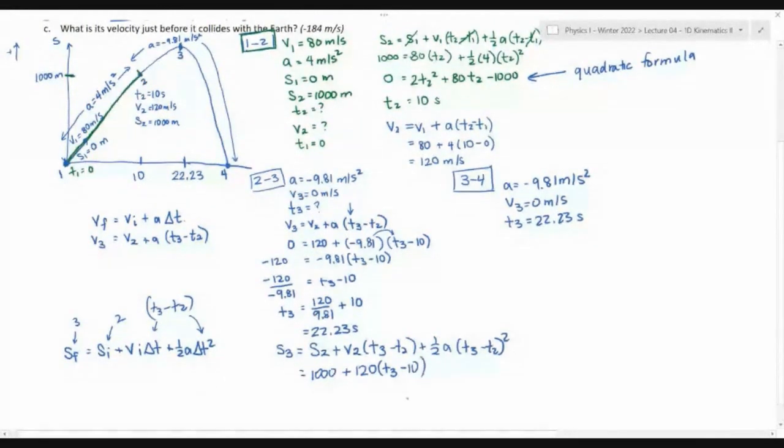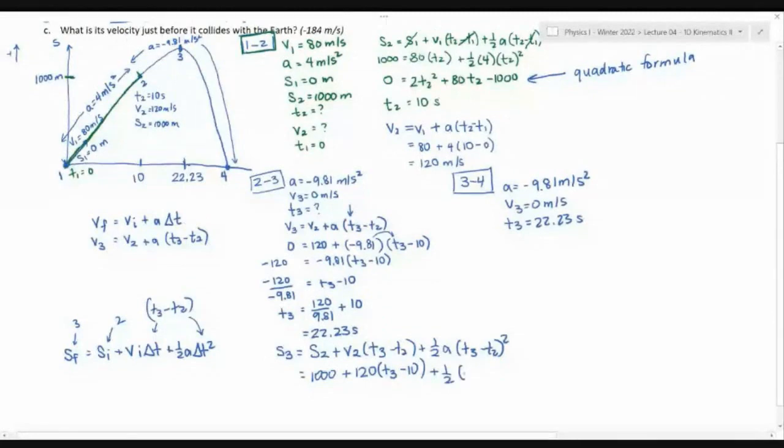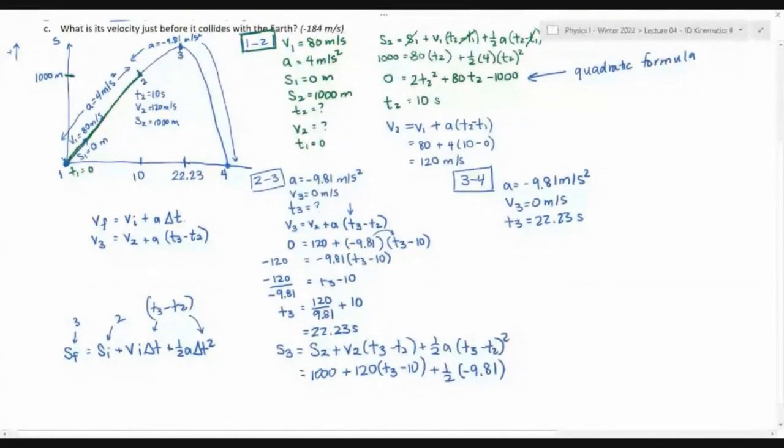Minusing the 10 is what's making us find the total, because when we solve for T3, we're bringing that minus 10 to the other side of the equals later, and it becomes adding 10. So that's why we're already adding it. But if you wanted to just find delta t for each of these and then add all the delta t's, that's good too. 1/2 a is negative 9.81, times T3, what we're looking for, minus T2, which is 10, squared.